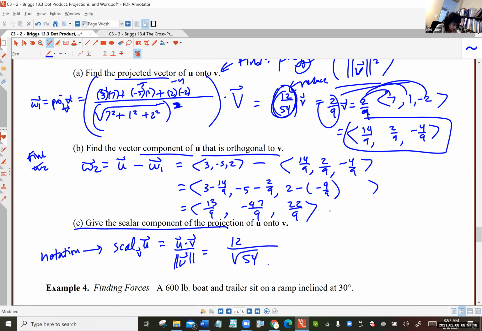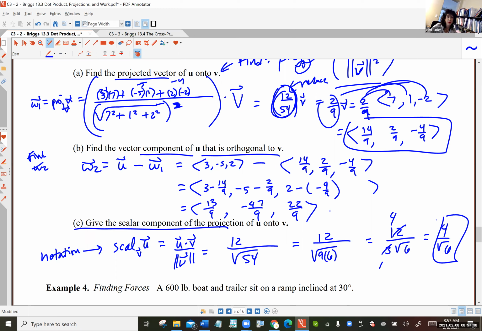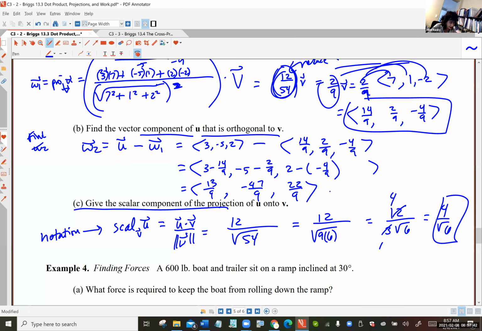I'm going to clean this up a little bit because 54 is the product of 9 times 6, right? And the square root of 9 is a nice number, so let's simplify the radical. Now we can reduce to lowest terms: 12 divided by 3. Final answer, simplified form, and you don't need to rationalize denominators in my class: 4 over square root of 6 is the scalar component. And we're done with this problem.